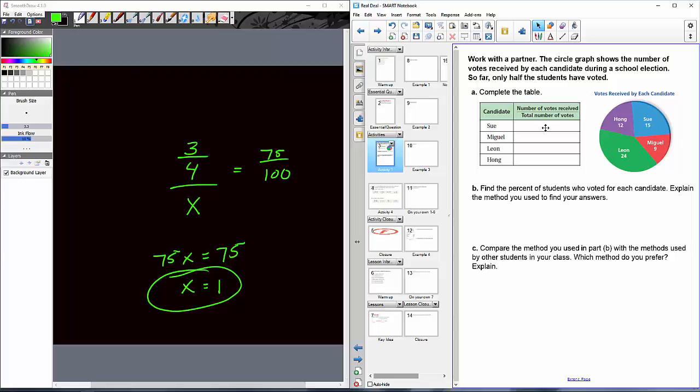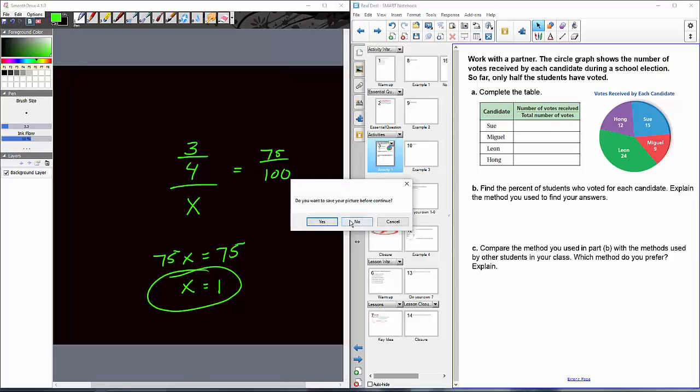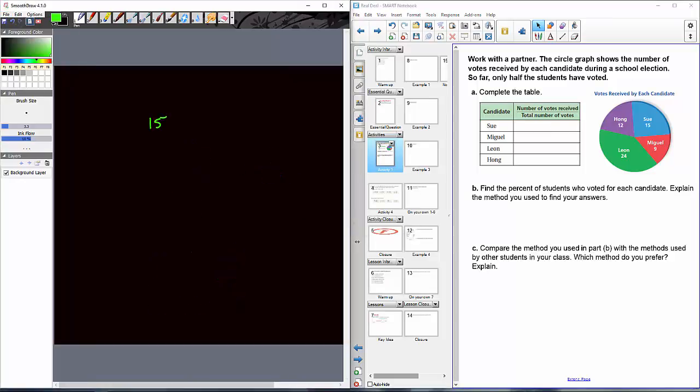Sue is 15 out of 60. Miguel is 9 out of 60. Leon is 24 out of 60. And Hong is 12 out of 60. If I add up all these, I should get 60 over 60, or 100%, right?